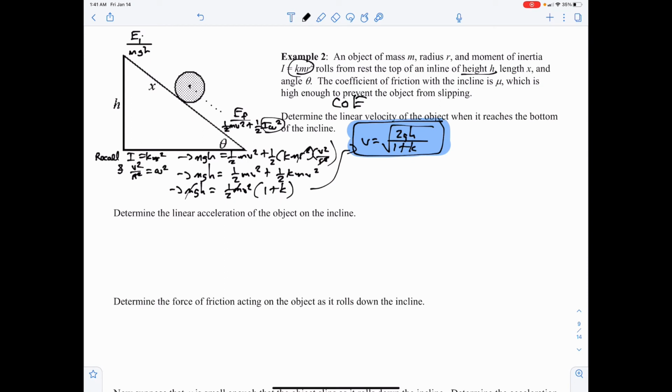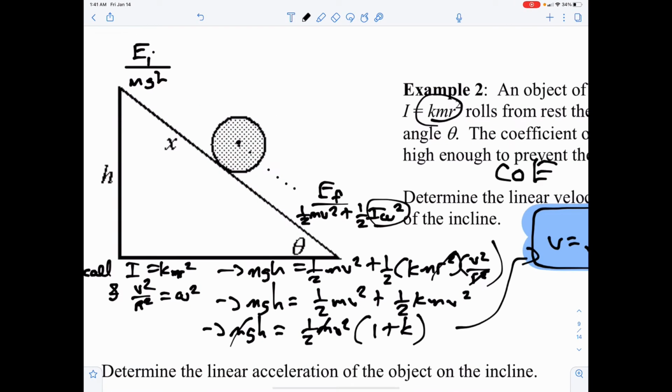Okay, determine the linear acceleration at the bottom of the incline. Well, the forces acting on this would be mg, normal force, and if you're speeding up, friction is going up the hill.